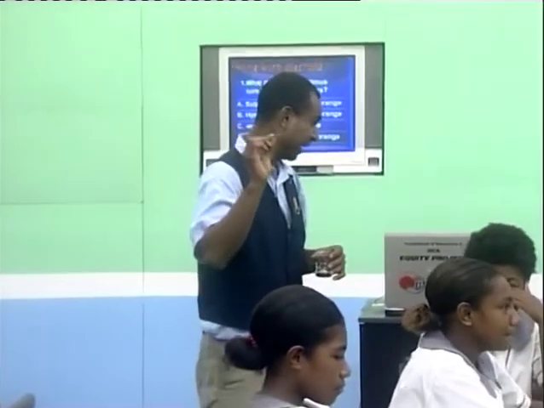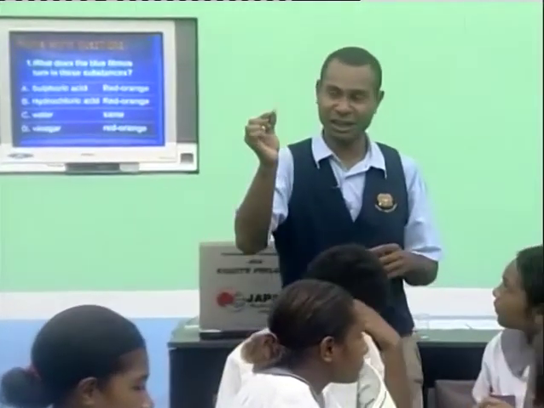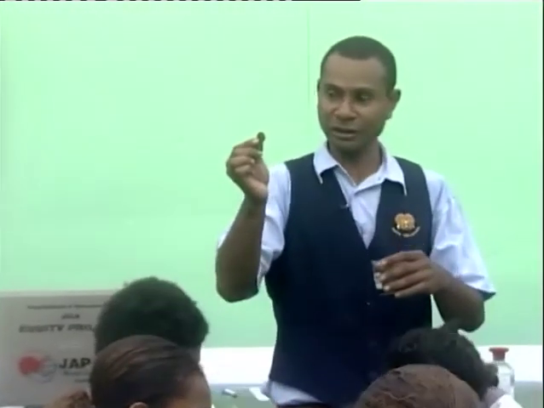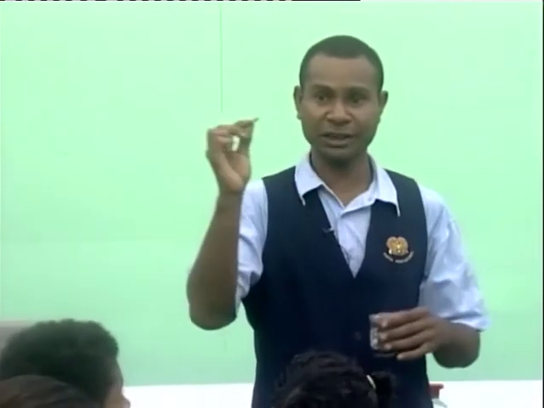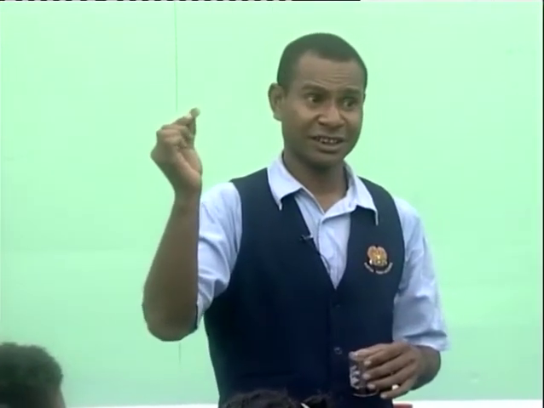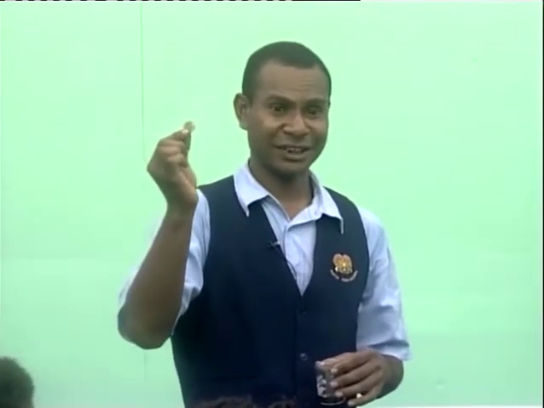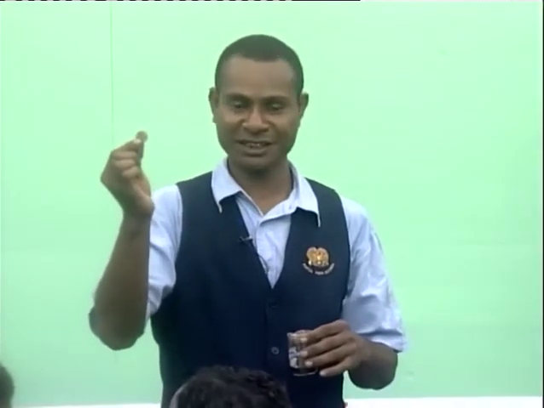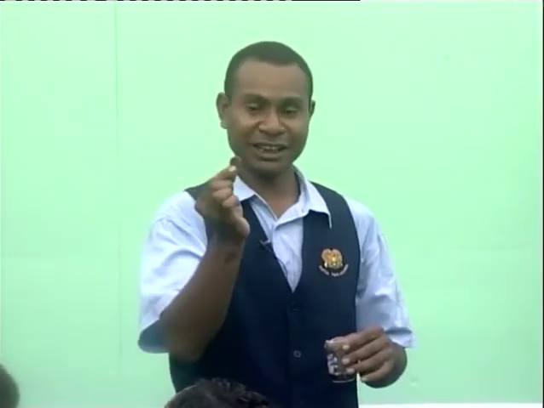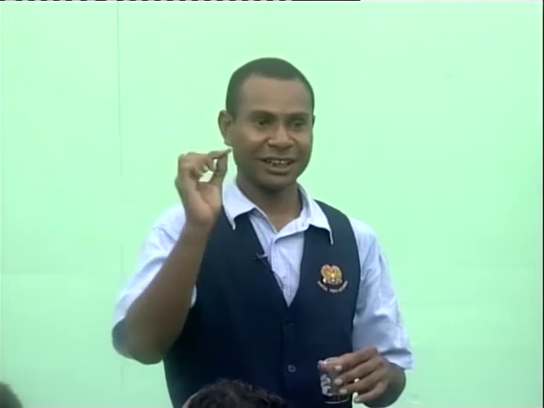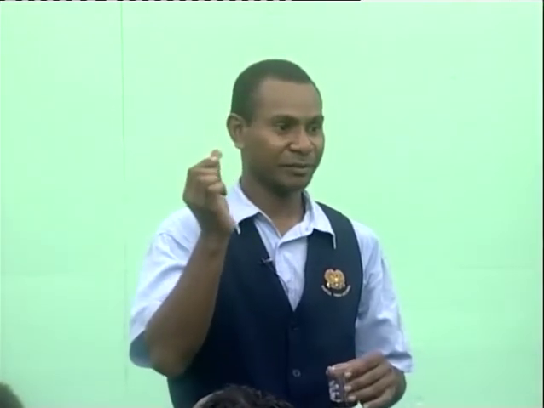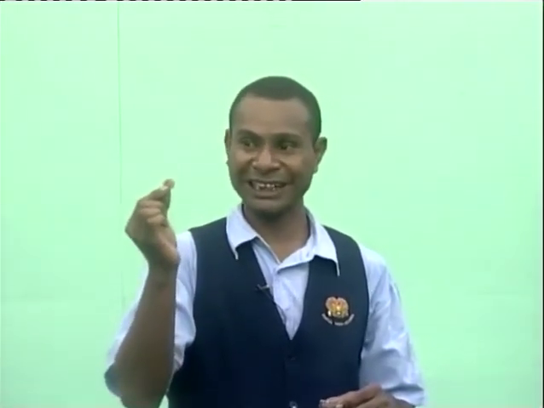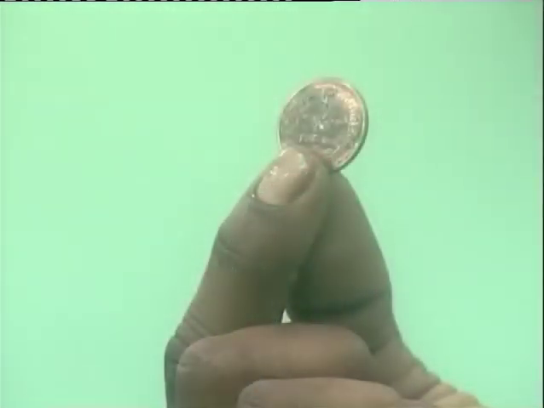Just in the last lesson when we placed these 2 coins into the Coke solution, it was dirty and rusty. But today, it is what? Beginning to be clean. So some parts of it are shiny and some parts still have the dirt on it.